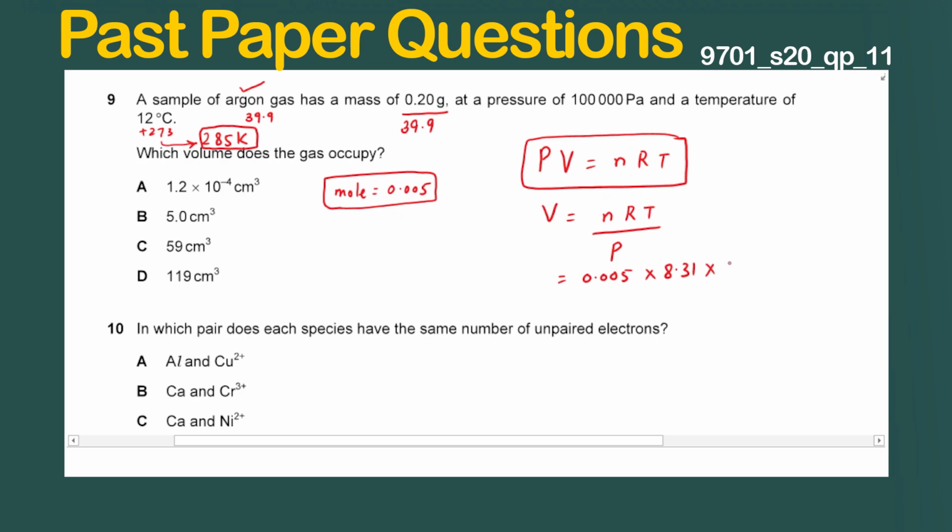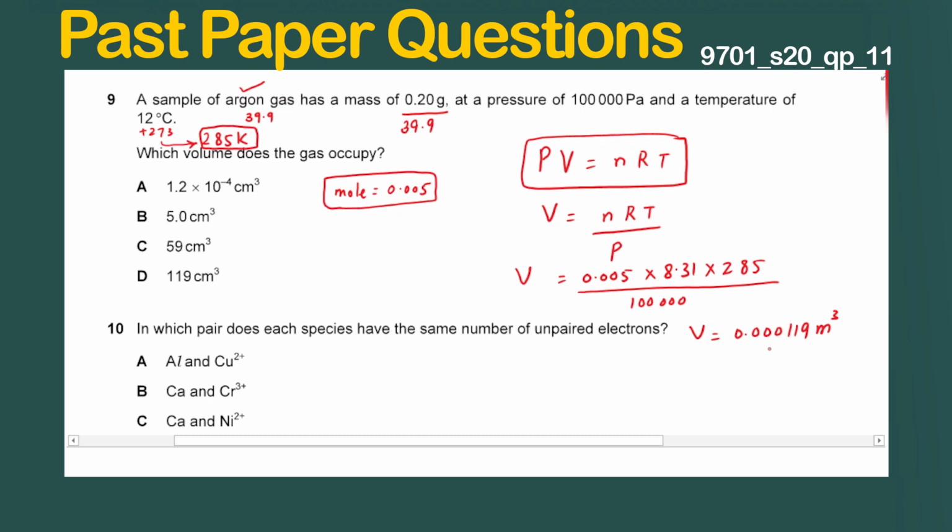Let's put all these values in this formula. 0.005 moles multiplied by 8.31, which is the general gas constant, and T is the temperature, that is 285, divided by 100,000 pascals. So in this way we can get the volume in meter cube.